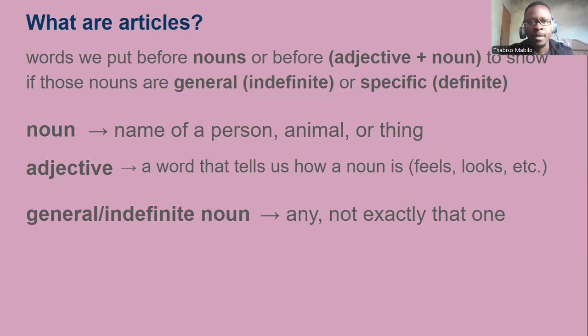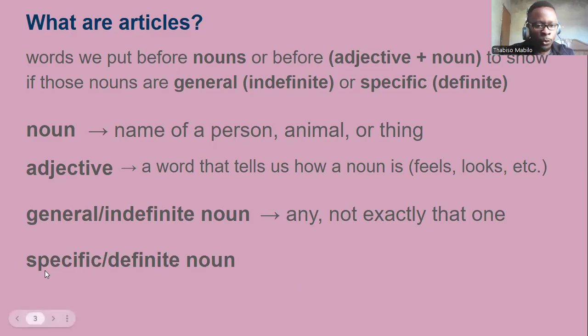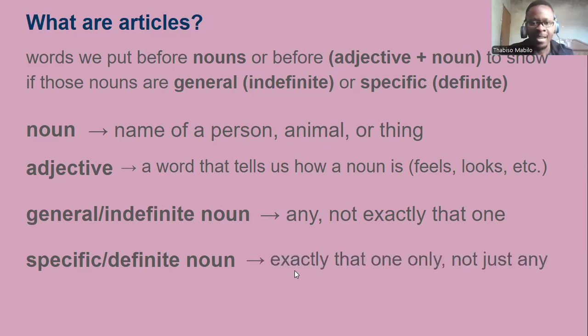It could be any. Now, when I say this, it means I'm referring to a general or an indefinite noun. Okay? Next up, we also use the term specific or definite noun. A specific noun is the opposite of general. Definite is the opposite of indefinite. Now, when I say, give me the pen on the table, I mean that specific pen, meaning that I'm looking for not just any pen, but exactly that one only.